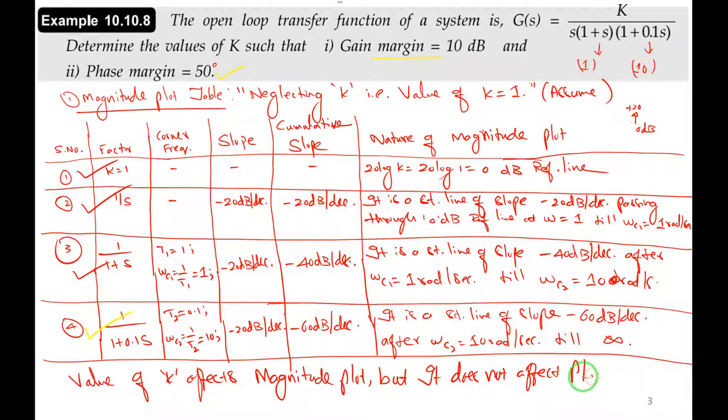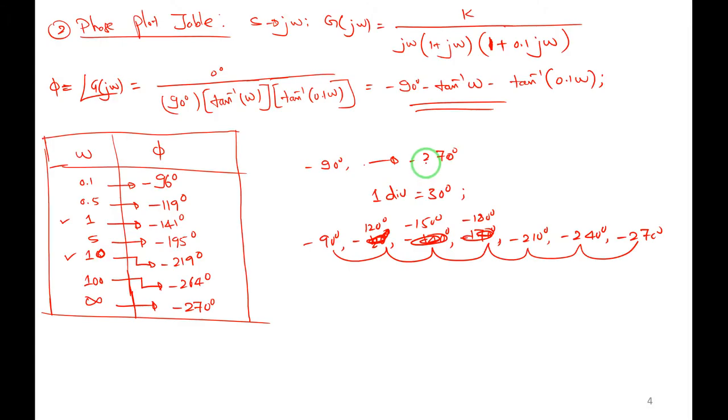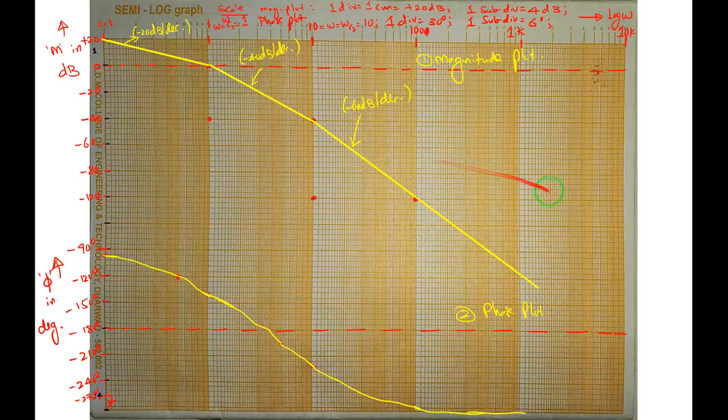Please keep it in mind, right? It does not affect the phase plot. And we'll take these values, gain margin 10 decibels and phase margin 50 degrees. Let me write somewhere here. Gain margin equal to 10 dB they have given. Then phase margin is 50 degrees.